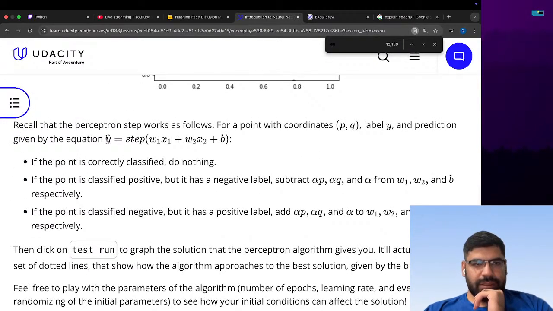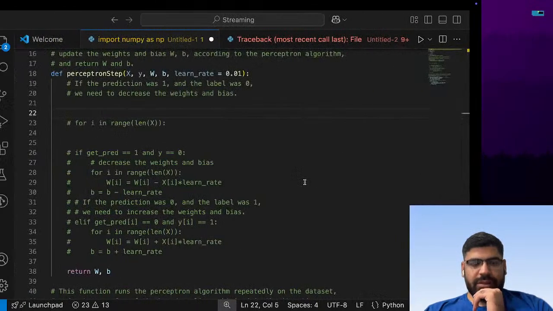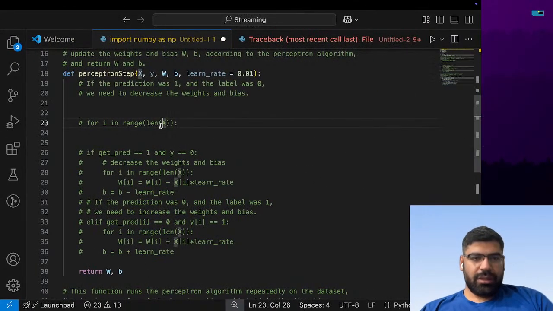What my job is, for a point with coordinates this, the prediction this: if the point is correctly classified, do nothing. If the point is classified positive, where it has a negative label. So I don't even have to do all the calculation. Actually, this makes sense.